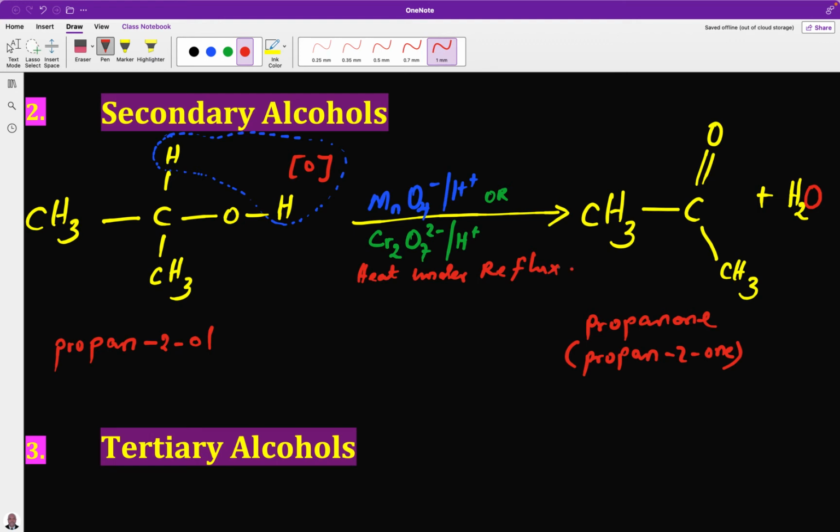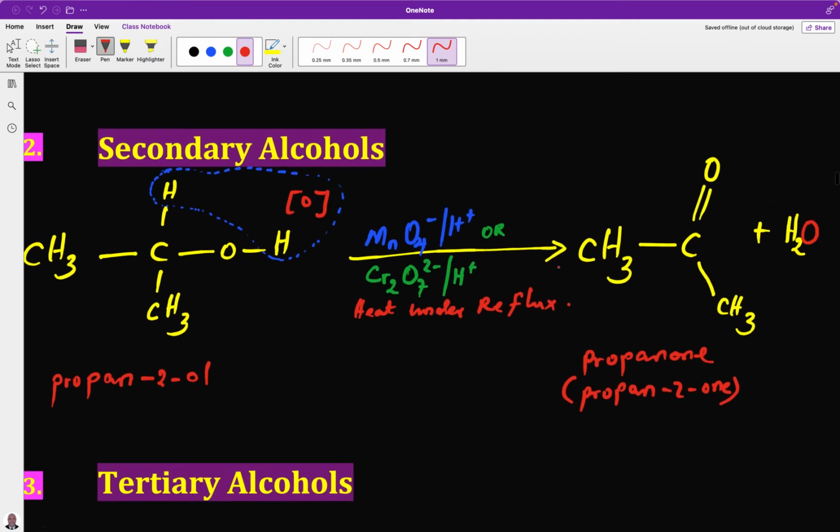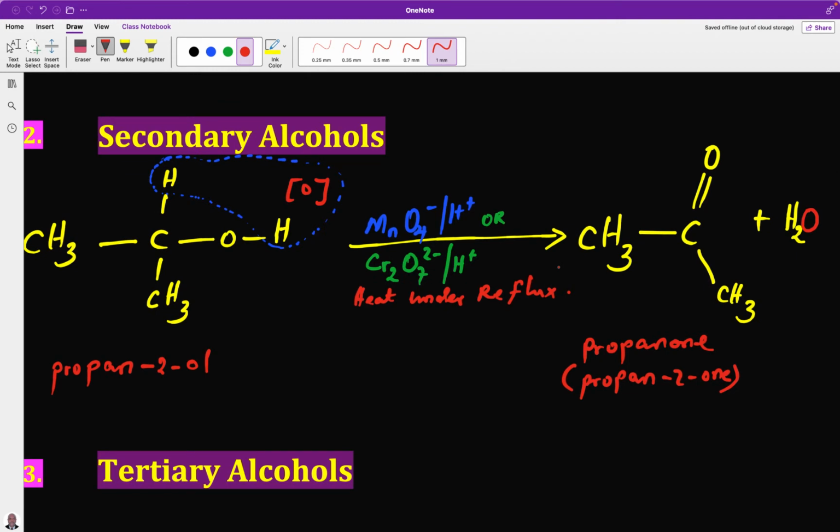You heat under reflux. So with this, what should come to your brain now is secondary alcohols. For example, propan-2-ol is oxidized to what? To ketone.